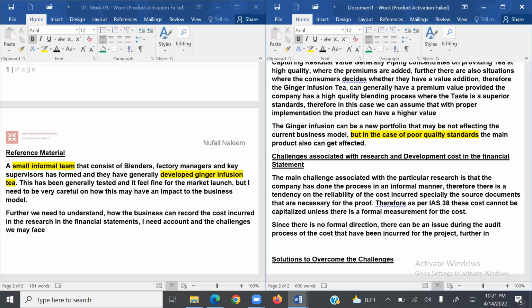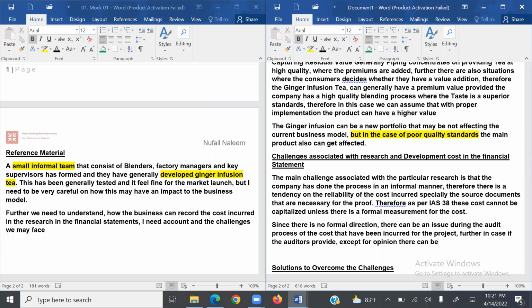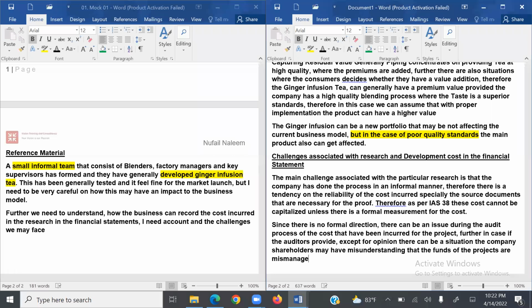Further, in case the auditors provide an except-for opinion, there can be a situation where the company shareholders may have a misunderstanding that the funds of the projects are mismanaged.